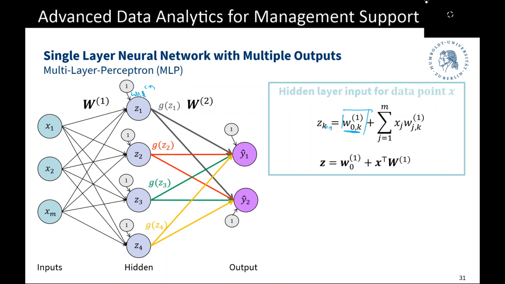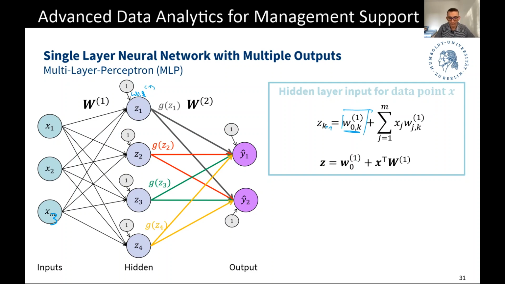So we take our input x, we multiply it in one go with the weight matrix W1, which has dimensionality 3 by 4 in our weight matrix.